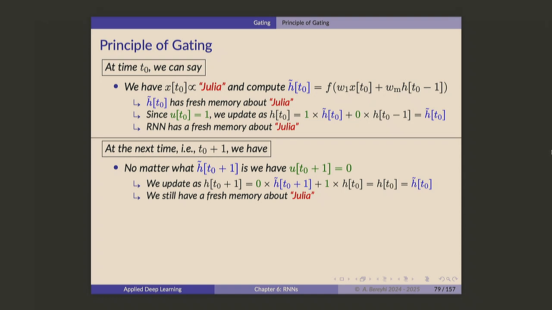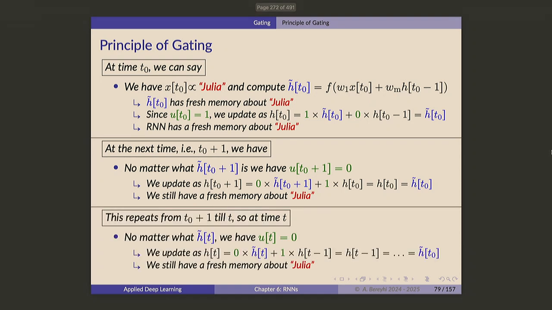I go for the next time. What's going to happen? In the next time, again, I set u to be 0. It means that I am computing information about the word "been", but at the end, I just ignore it. I copy whatever I had in the previous time, and whatever I had in the second previous time, and that was the fresh memory of Julia. So I'm keeping the fresh memory of Julia by me all over the time.